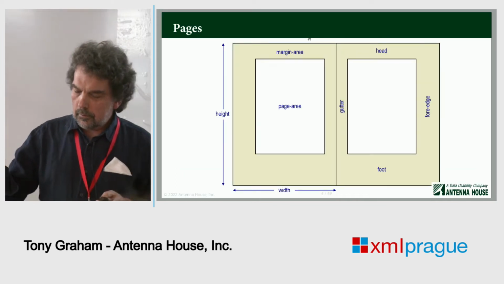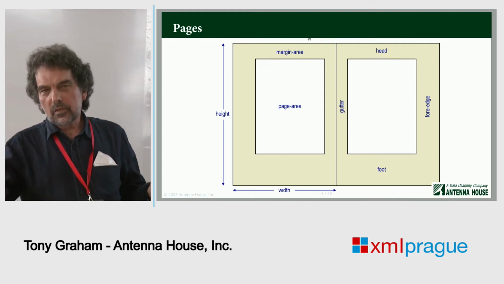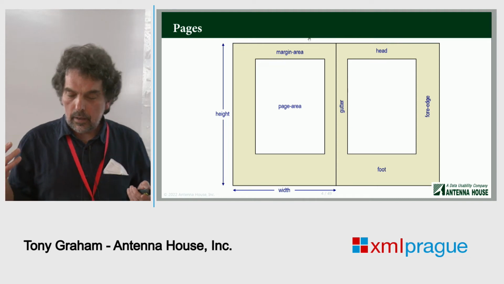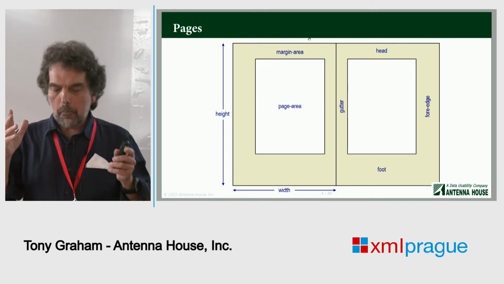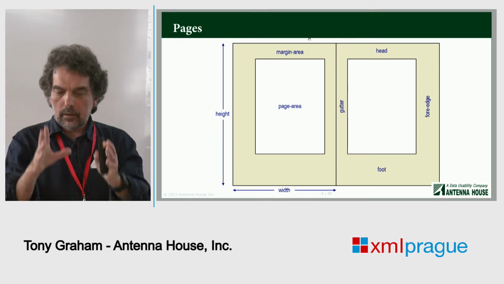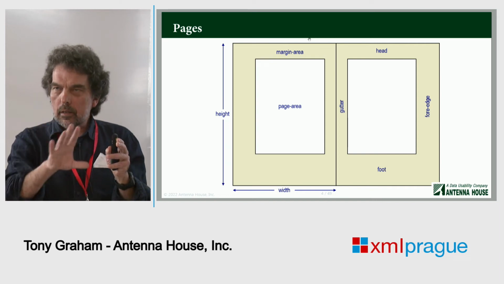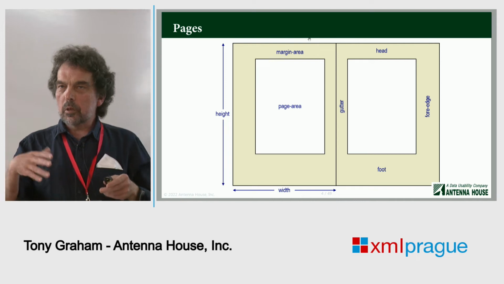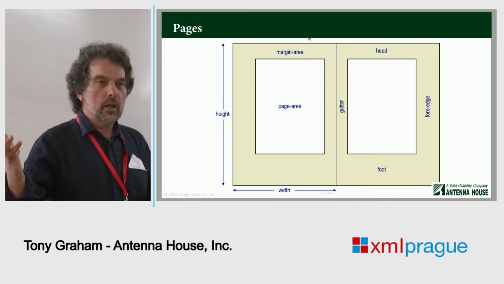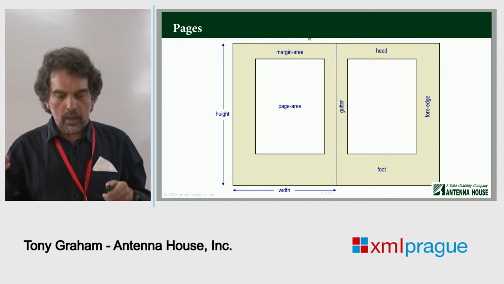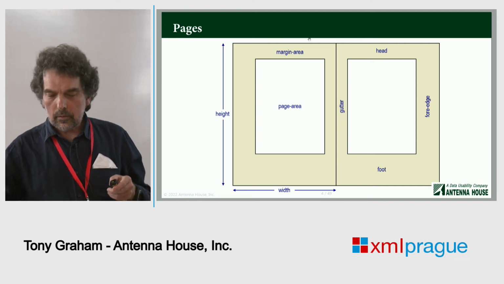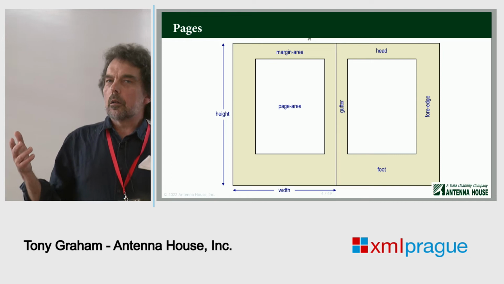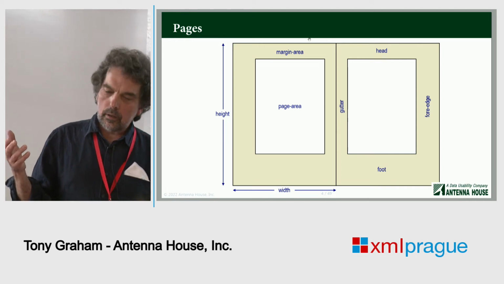The obvious thing about page media is, of course, it's made up into pages. In CSS terms, there's the page area where the content of your document flows. There's the margin area where you put content in page margin boxes, as was mentioned in the Oxygen session this morning, and you can specify the height and the width of your page.